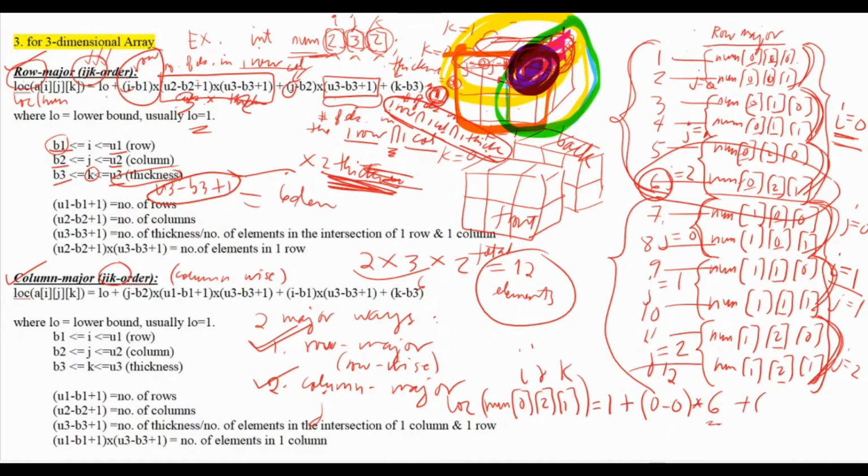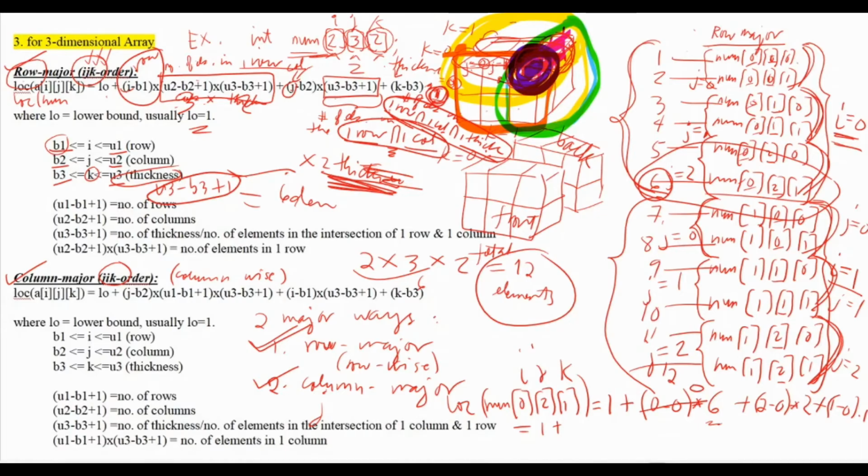Plus J is equal to 2 minus the base times the number of elements in the intersection of one row and one column, which is found to be equal to 2, right? Times 2, plus our K is 1 minus the base times one element. So this is now equal to 1 plus, that is cancelled out, 0.